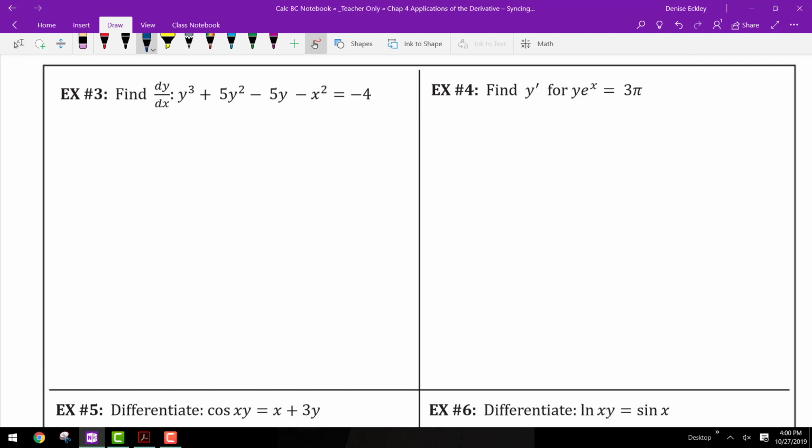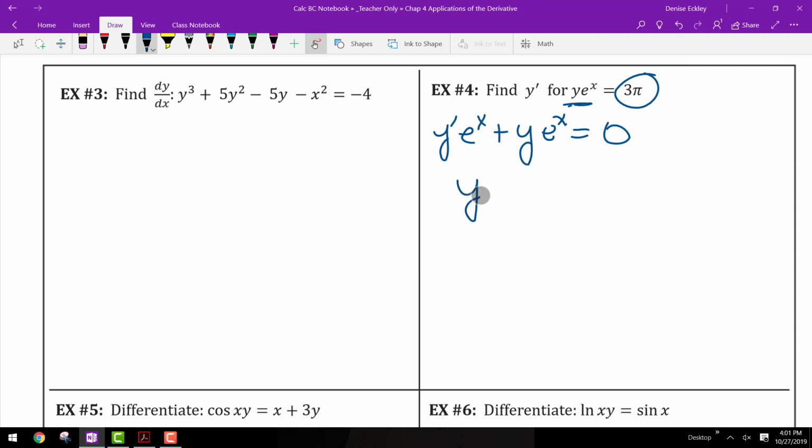Okay, so number 4, we want y prime. So we're going to have to use the product rule here. And don't forget that 3 pi is a constant. So we're going to take the derivative of y first, so we'll have y prime times e to the x plus y, and the derivative of e to the x is e to the x, and that's going to equal 0.